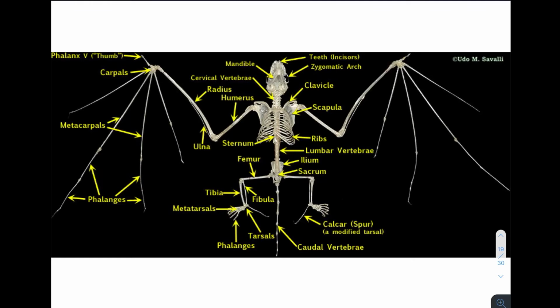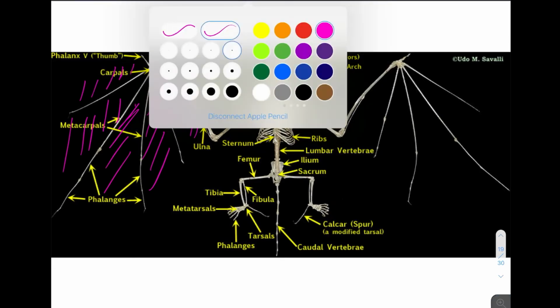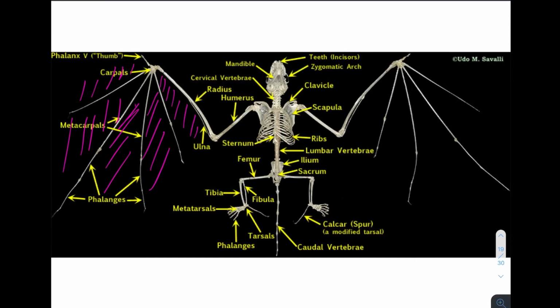But we don't have feathers in mammals. And so what we're going to use instead of feathers are flaps of skin going in between these digits. And in order for this to be effective, we need to lengthen the digit significantly.